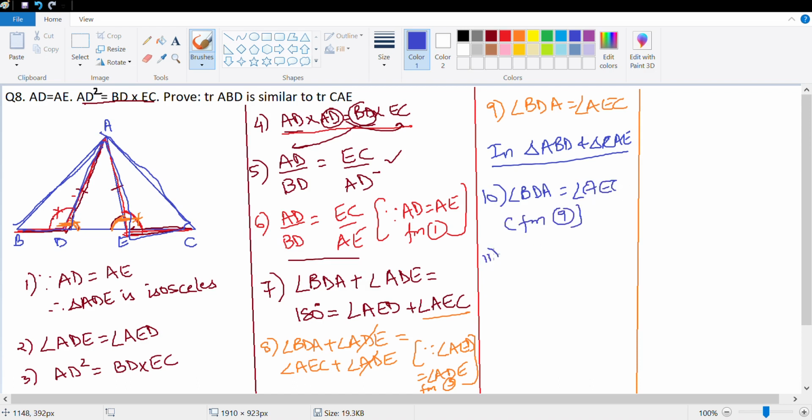And number 11 is AD upon BD is equal to EC upon AE. This is from 6.